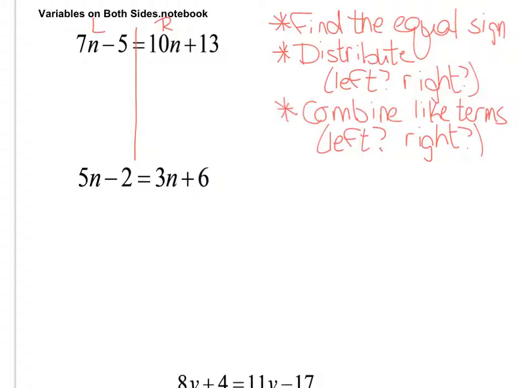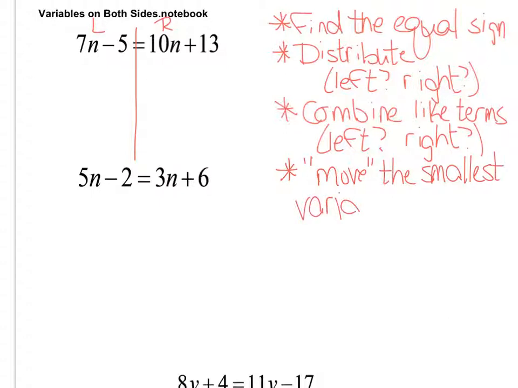The new move is to move the smallest variable from one side to the other.